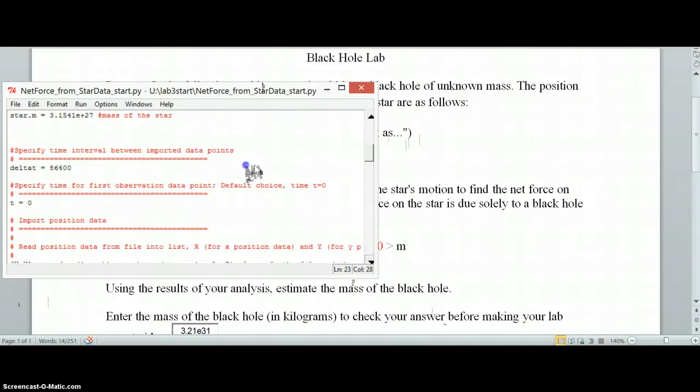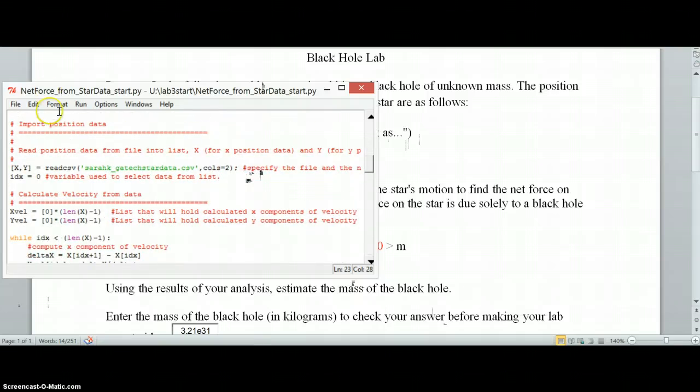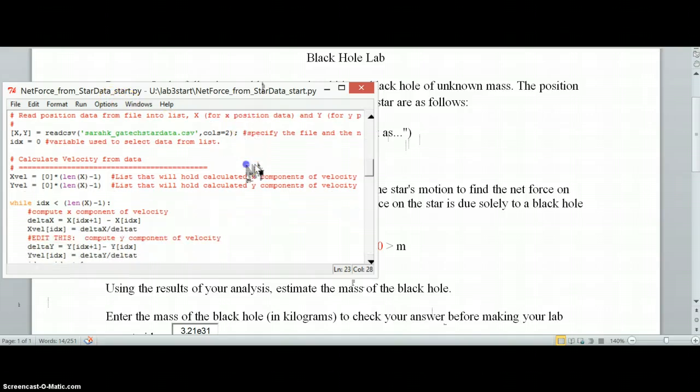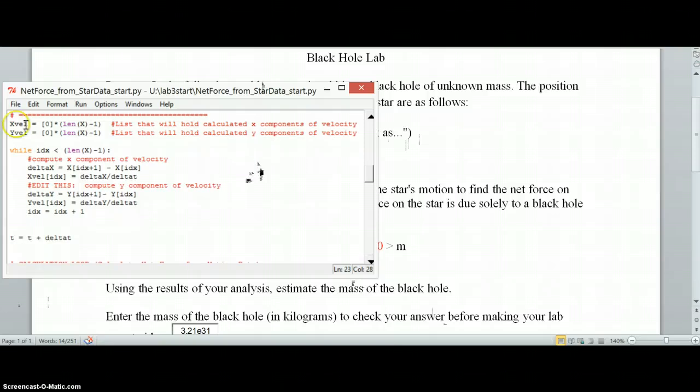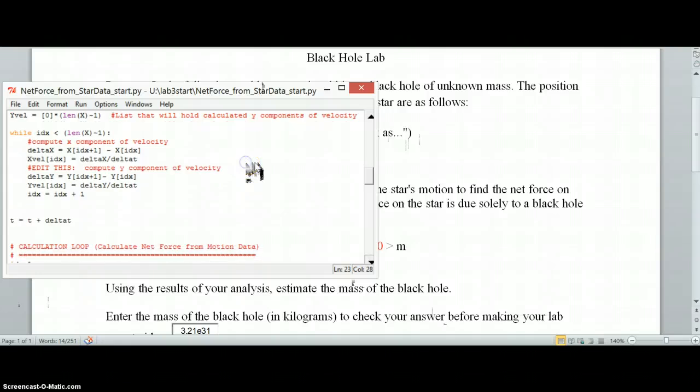Also with this, I had to make sure that the correct star data file was being used since it changed names when I downloaded it. Also had to make sure that the x and y components of velocity were both computed correctly, so that information was added in.